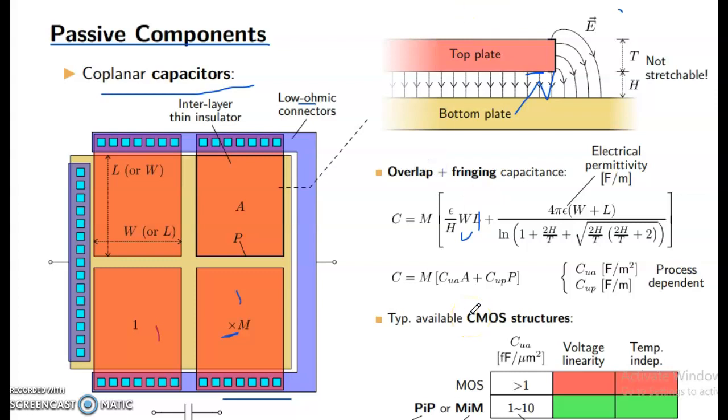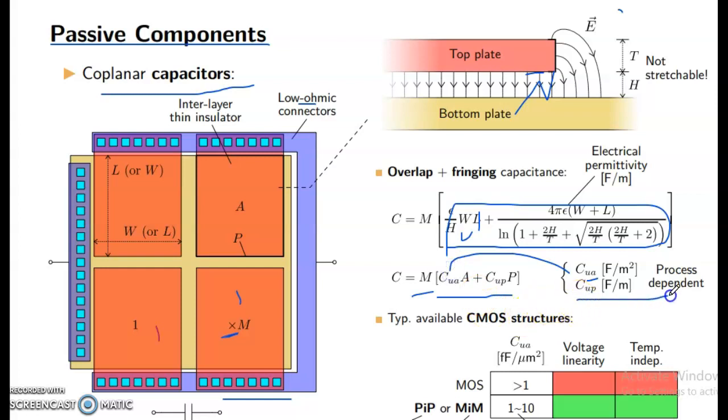In this overlap fringing capacitance, the sum of this total value here, but here CUA, F/M squared, process A. This is process dependent.